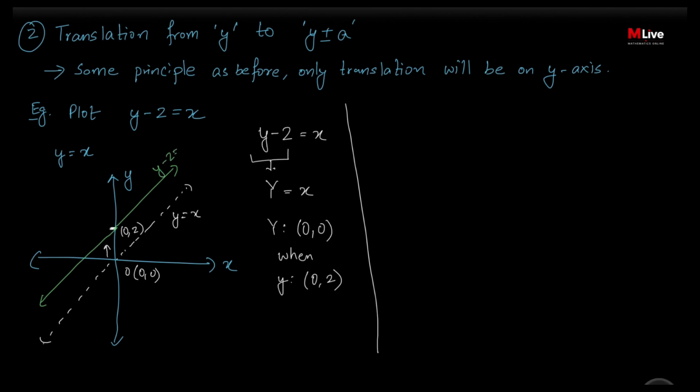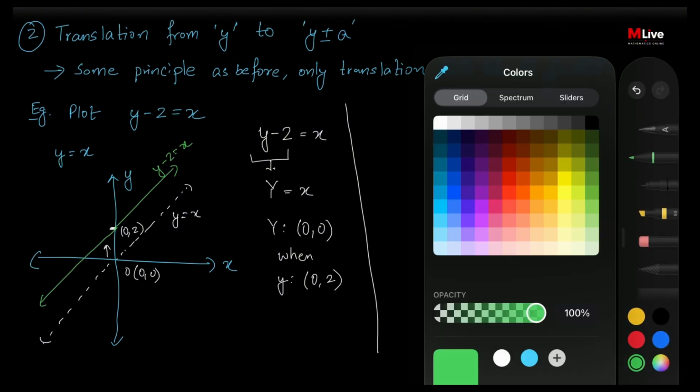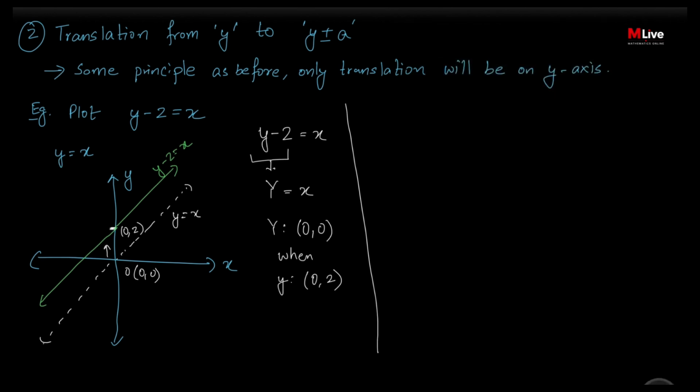Let us look at one more example like this, but for a quadratic equation. Let's try to plot the equation y is equal to x squared minus 5.